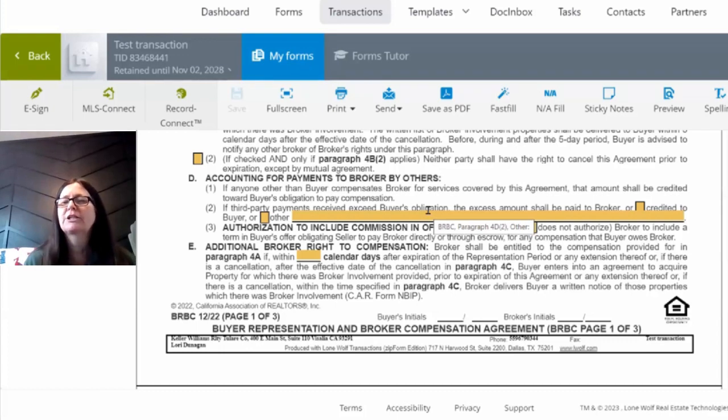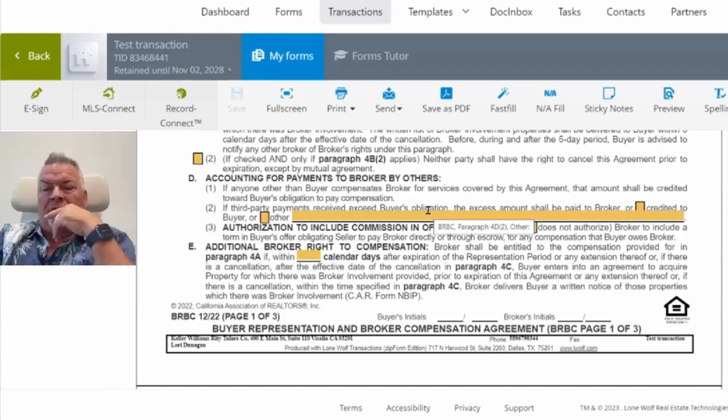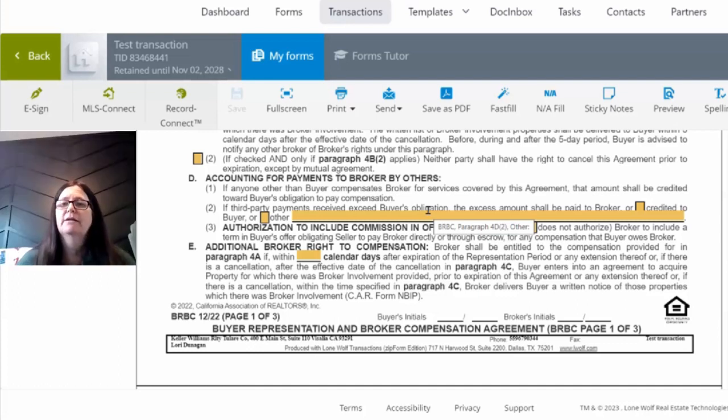So the buyer is contractually responsible. You have to negotiate the other 0.5% with the seller, or the buyer's responsible for it. So we can negotiate it and see if the seller will pay it. There's actually a place on the purchase agreement, or the RPA, where we can mark a box, and we have to submit a copy of the form, but basically ask the seller to pay that extra 0.5%.